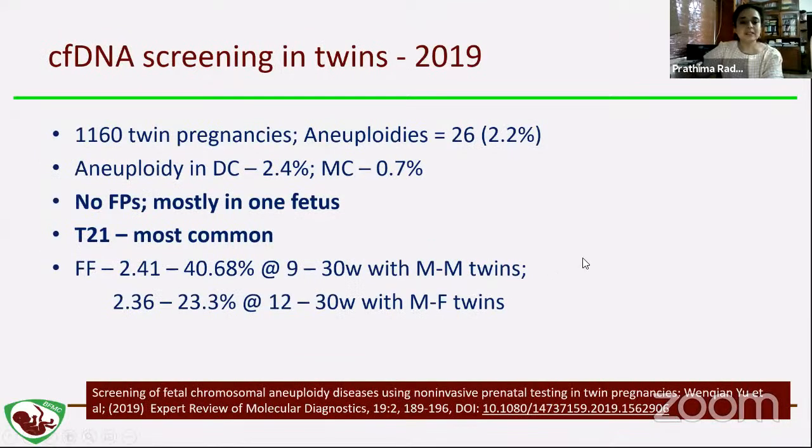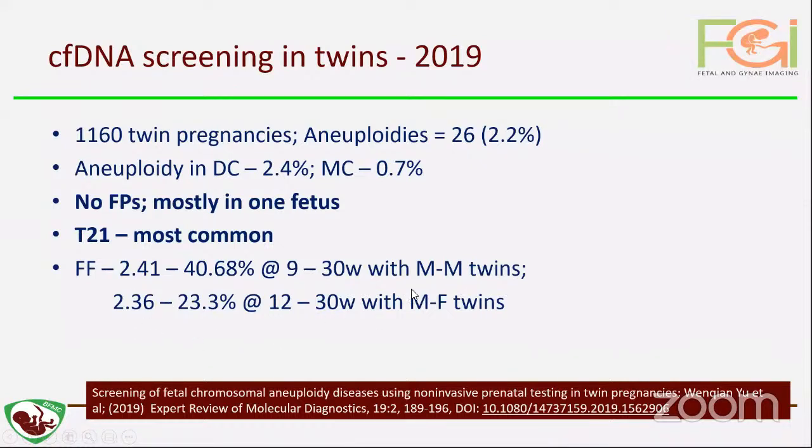Okay, so this is a study looking at the accuracy of NIPT, and they did not find any false positives, and the majority of the times with the ones which tested NIPT screen positive, one baby was affected, and of course T21 remained the commonest. However, there was a wide variation in the fetal fraction, particularly in the same gender twins, that's the male-male twins.